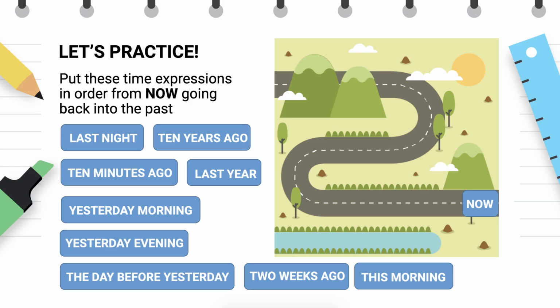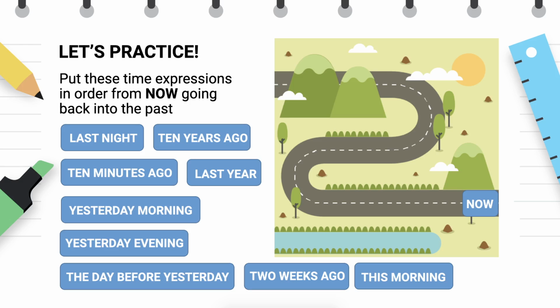So again, put these time expressions in order from now, going back into the past. Have a look at all of them, take your time, think twice, and then try to put them in the chronological order.